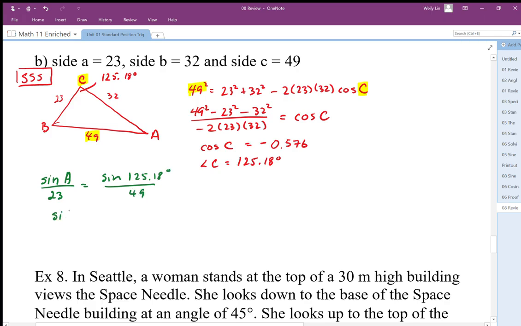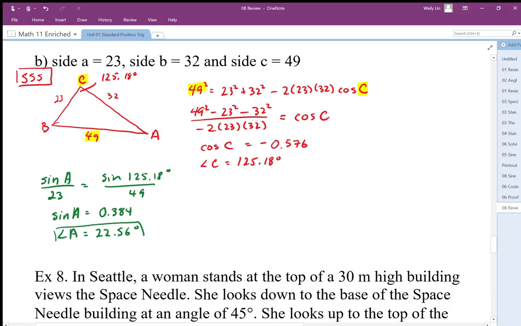Solving for sine A, we get 23 times the sine of 125.18, and then divided by 49 gives us sine A equals 0.3836, so 0.384 I'm going to round it to. I undo that sine, and I end up with angle A is equal to 22.56 degrees.